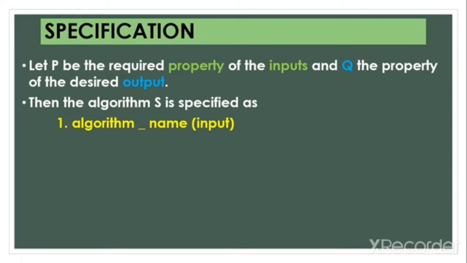So in the first statement we have to mention the name of the algorithm. This is the first rule. The second one, we have to mention the property of the input. Here we have given a double slash, and the double slash is nothing but a comment. A comment is nothing but an annotation of the particular statement.